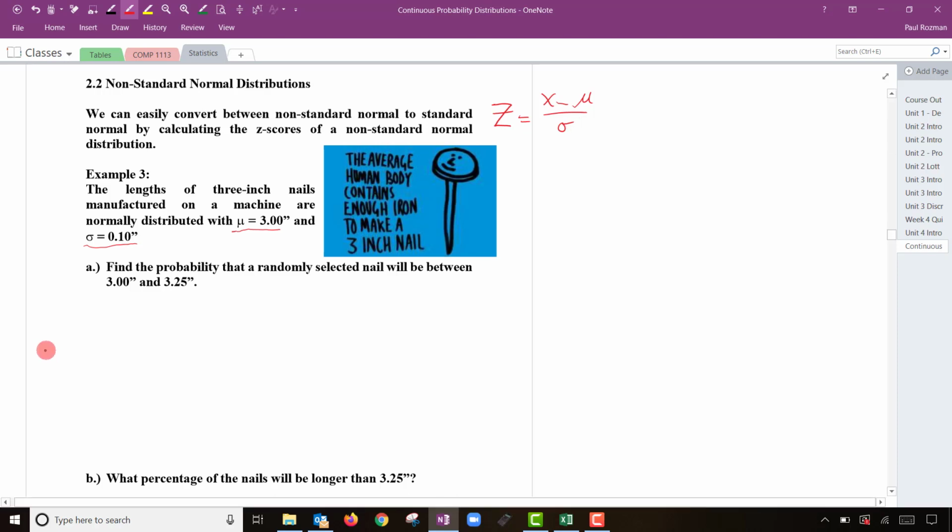We'll have our nails, and they have some length x. So x is length in inches, and we're looking for the probability of picking one that's between 3 inches, which is the mean, and 3.25 inches.